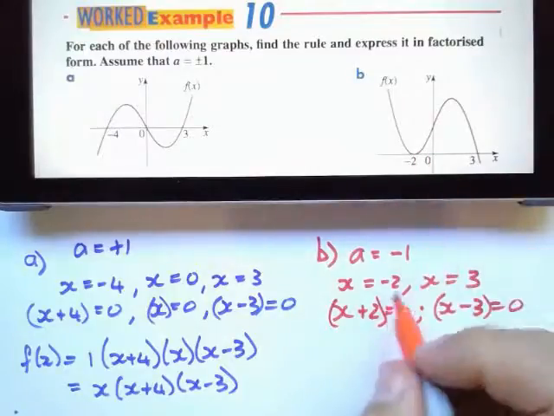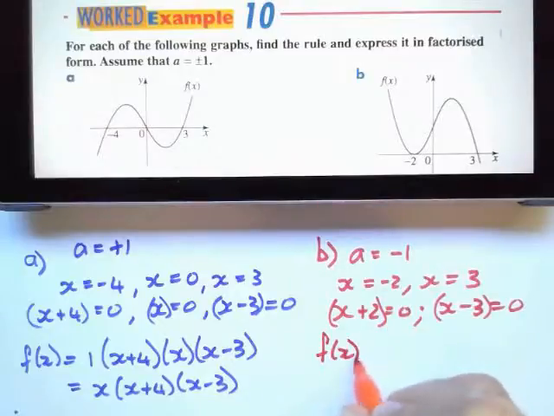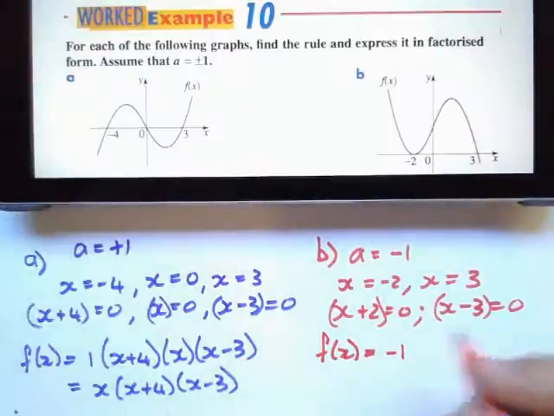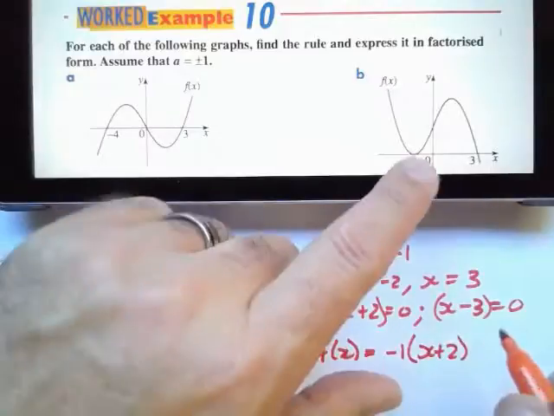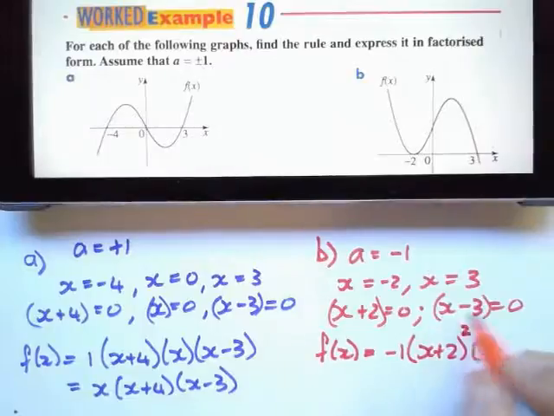Now because this is a turning point, this is going to happen twice. So I can say that f(x) equals negative 1 multiplied by x plus 2, but it happened twice because it's a turning point, so it's squared, multiplied by x minus 3, which is my third one.